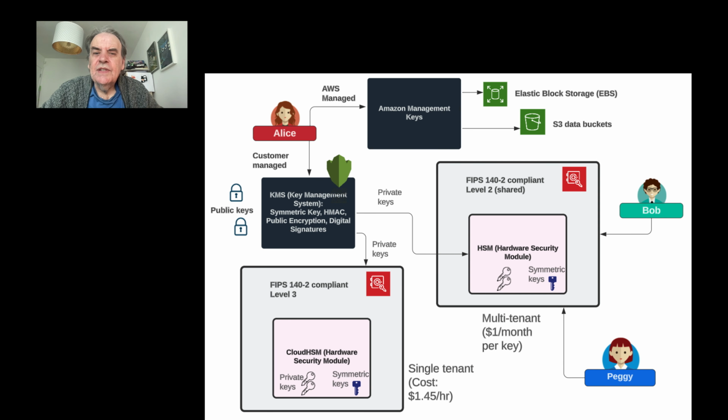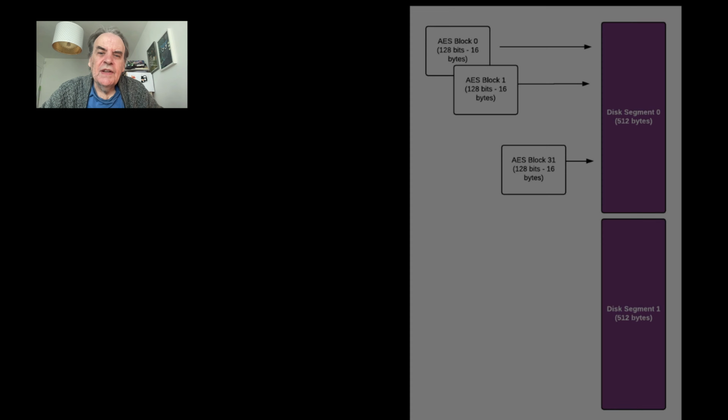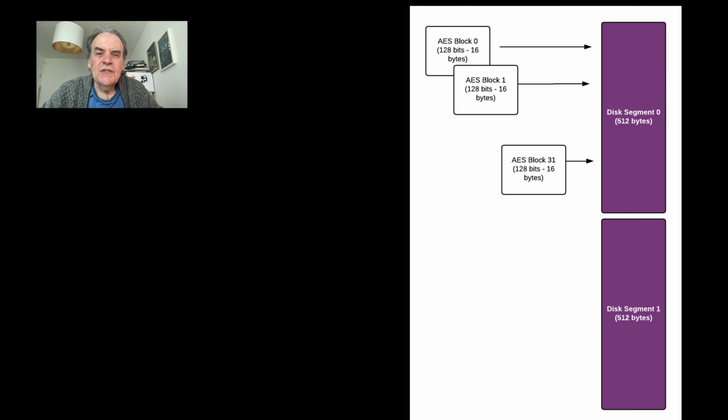For data at rest with file storage, we can integrate encryption with Amazon EBS, Elastic Block Storage, and Amazon S3. EBS is the type of disk storage that we would mount onto a running instance. Amazon EBS drives are encrypted with AES 256 with XTS mode.